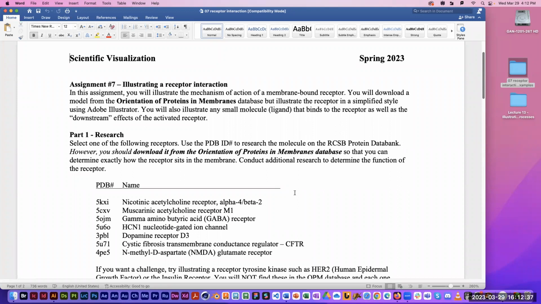How is the cell going to respond? What kind of second messengers might be involved? Is it going to promote gene transcription, or is it going to cause some other thing to happen inside the cell?